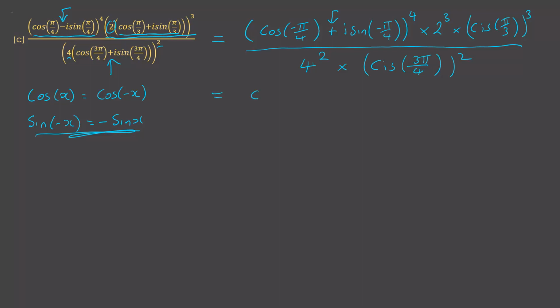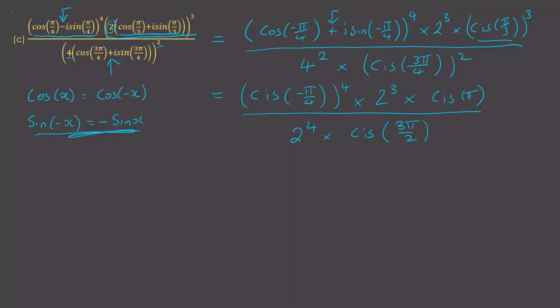So on the top there, I've got cis negative pi by 4 to the power 4 times 2 cubed times cis pi, all divided by 4 squared, which is the same as having 2 to the power 4, they're both 16, times cis 6 pi on 4, or if you like, 3 pi on 2.